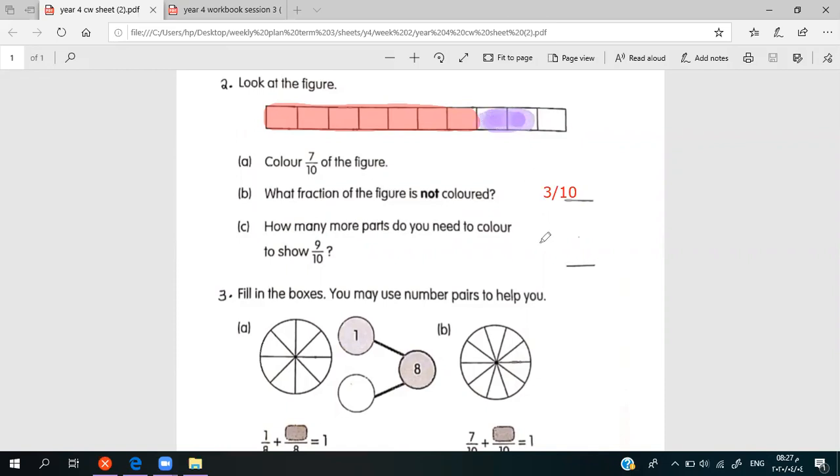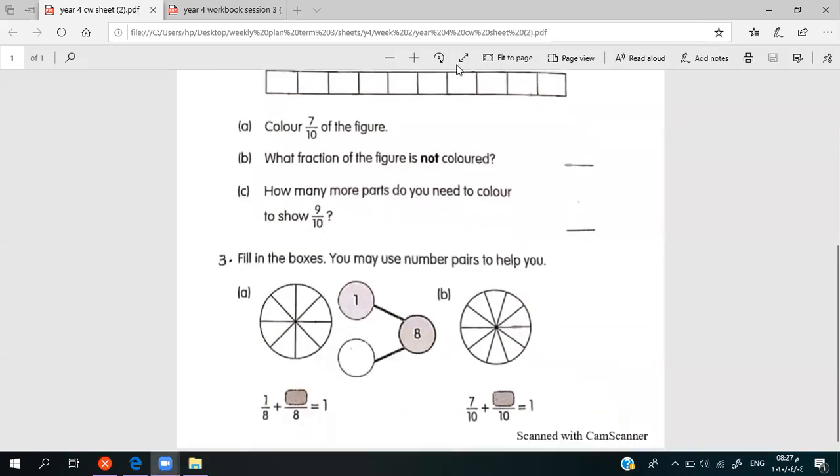So I must write it as a fraction. Don't write only 2. You must say 2 from the 10. Okay, because 7 from the 10 plus 2 from the 10 means 9 parts from the 10 parts, 9 over 10.